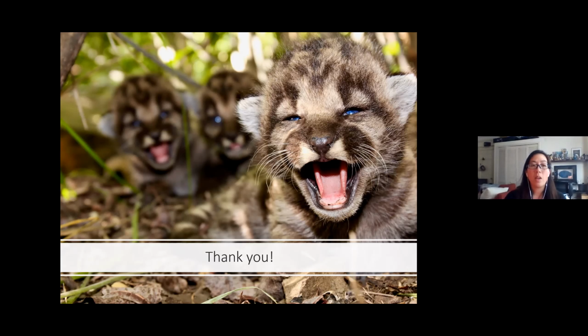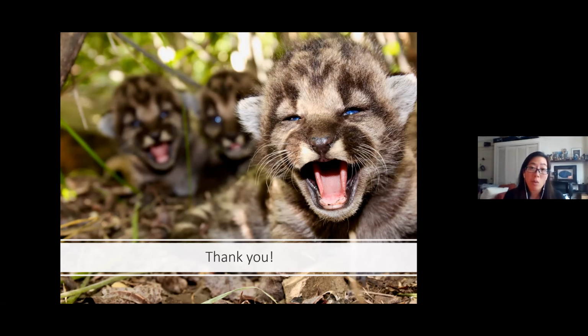And if there are stable adults that already have their established territories, they might fight off these young. And so the young kind of get pushed out, and they might be getting pushed out into these areas where people are seeing them more. So that could be another explanation of why folks are seeing them more right now.